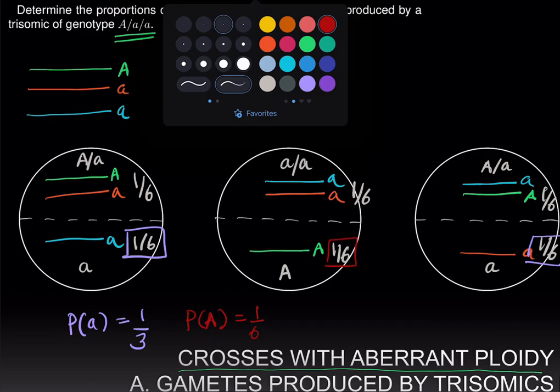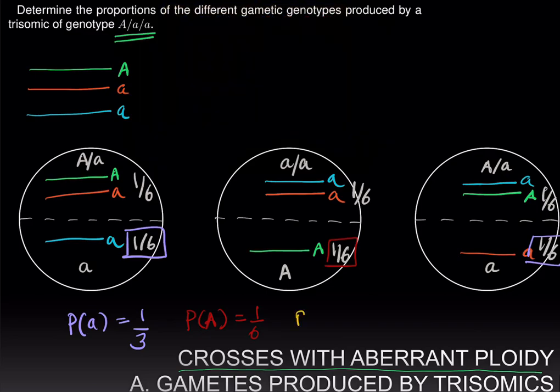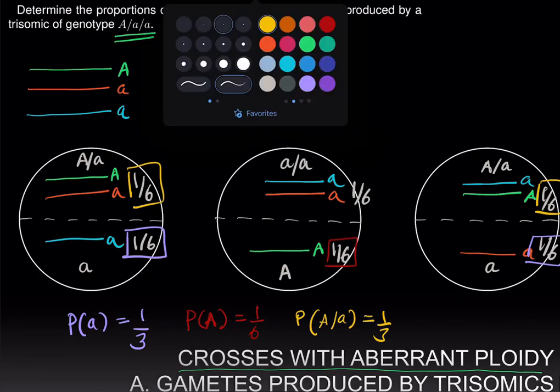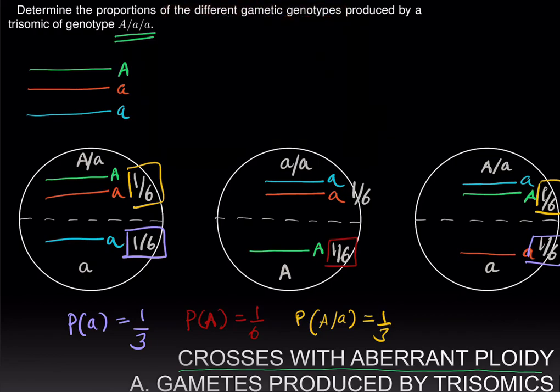The probability of having a diploid big A little a gamete is 1/6 plus 1/6 or 1/3, and finally the probability of having a little a diploid gamete is 1/6.